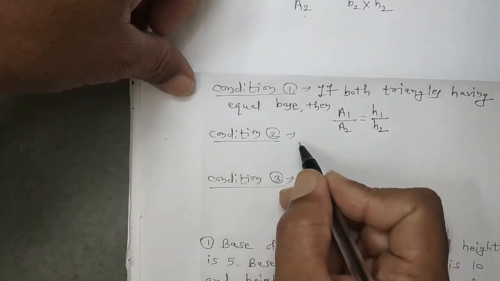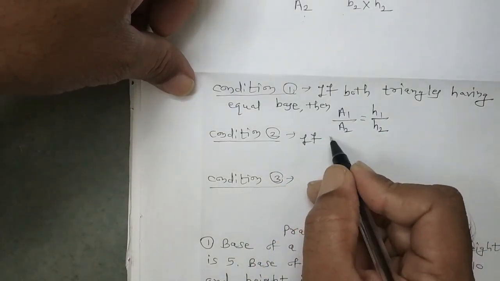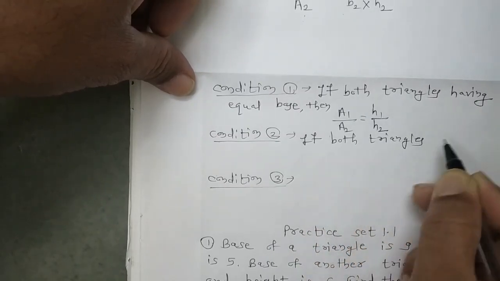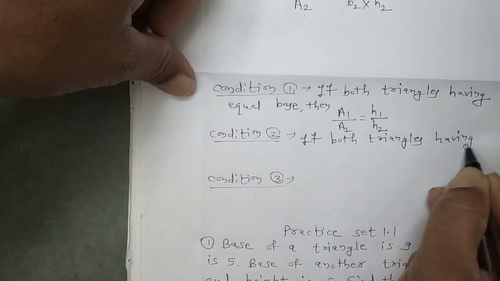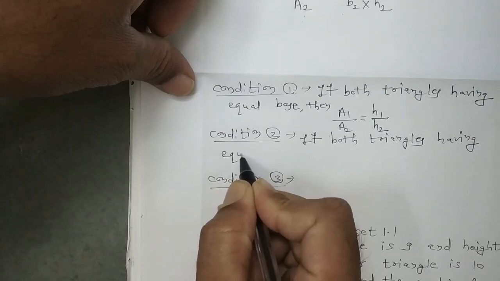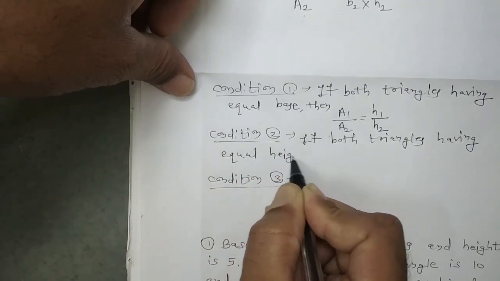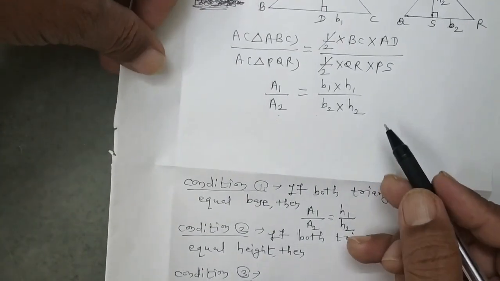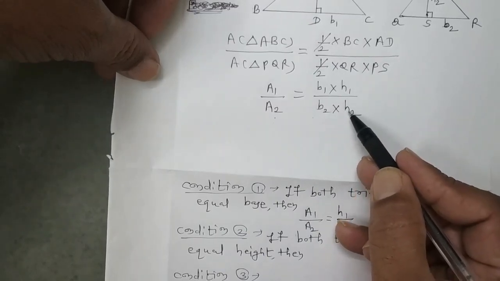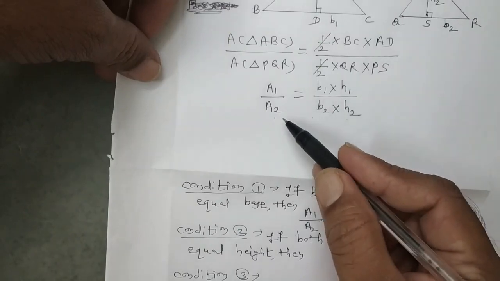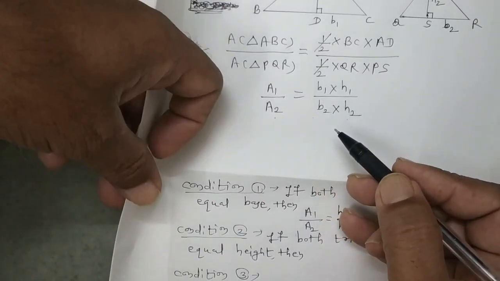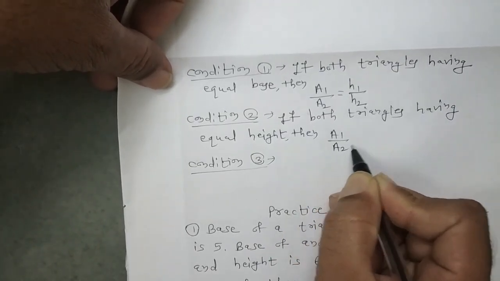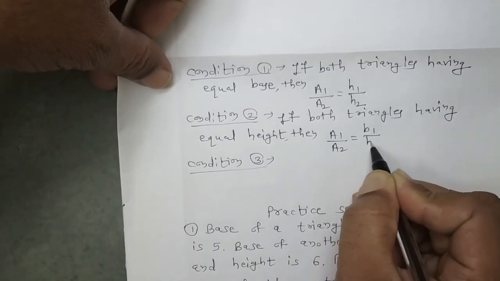Now the second condition is, if both triangles have equal height, then if heights are equal, that is H1 is equal to H2, this gets cancelled, therefore A1 upon A2 is equal to B1 upon B2.